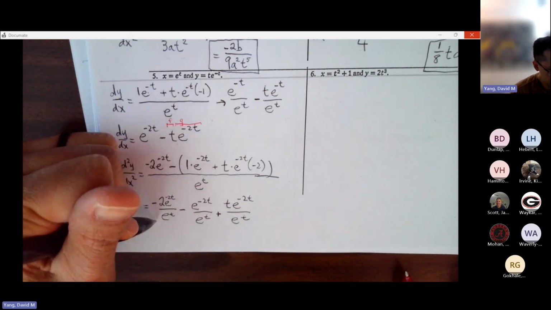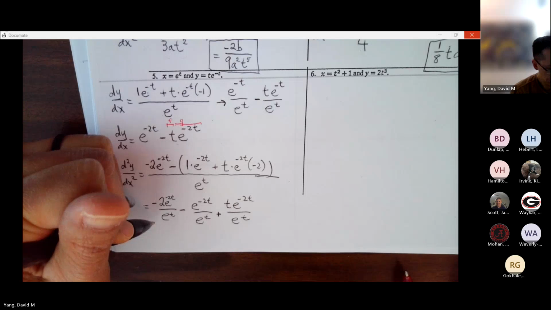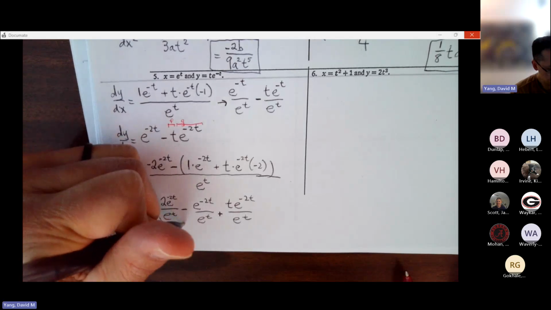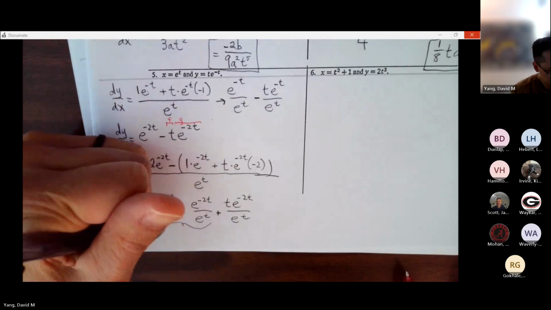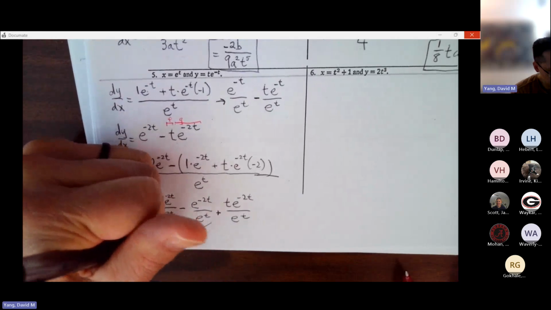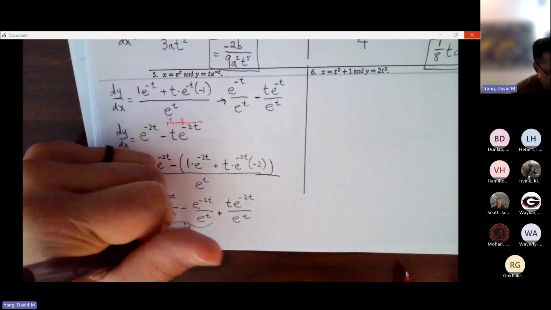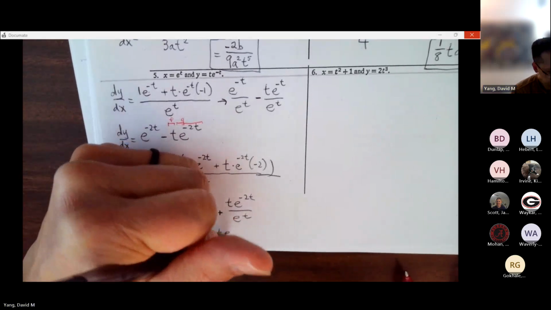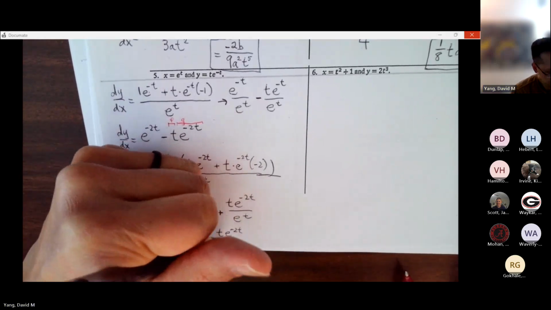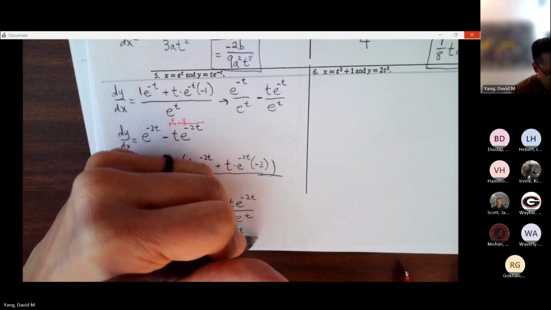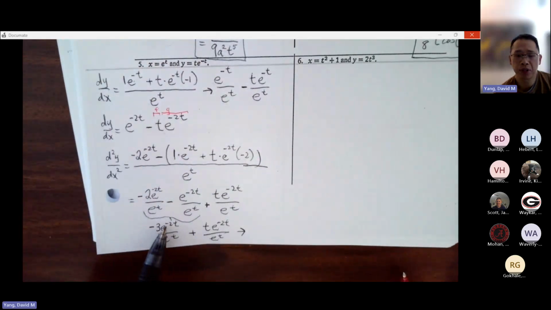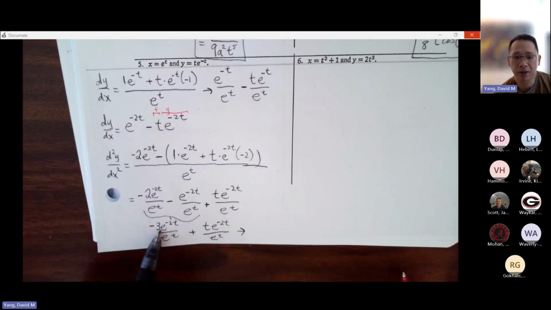Let's see, these are like terms. It's basically negative 3e to the negative 2t over e to the t. I can just push this negative exponent back down here, so negative 3 over e to the 3t.